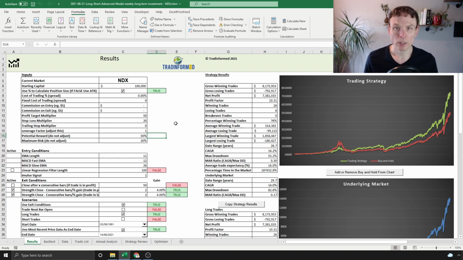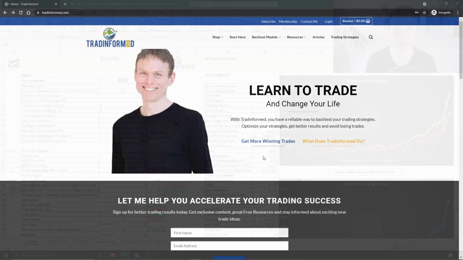If you'd like more information about backtesting in Excel, which is a very accessible way to do it because you're already familiar with the software, there is a link on the screen and more information below about how you can get a trade-informed model.